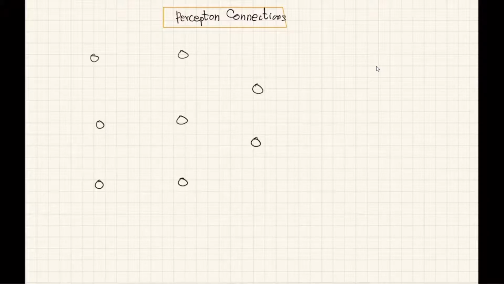In this case, we have 8 perceptrons. The input has x1, x2, very simple case, and this is the input layer.